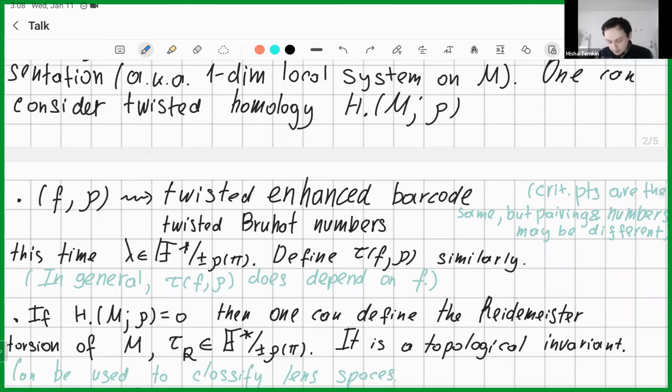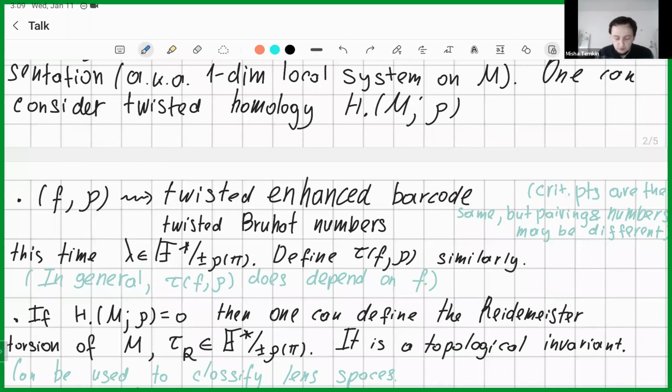The point being that lens spaces are certain manifolds, many of which are homotopy equivalent but not homeomorphic. If two manifolds are homotopy equivalent but not homeomorphic, classical topological invariants like homology groups or homotopy groups are incapable of distinguishing them, and you need some finer invariant.